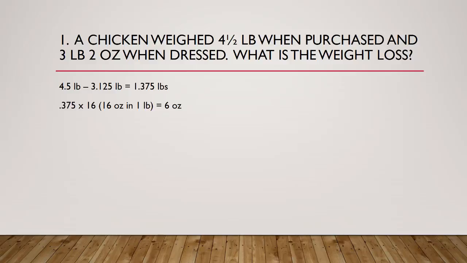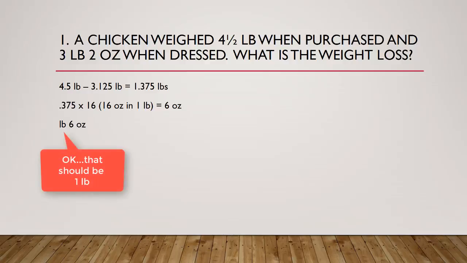If I take that 0.375 and multiply it by 16, the amount of ounces in a pound, I get 6 ounces. So my 1.375 pounds is also equal to 1 pound 6 ounces. So the weight loss in this particular case would be 1 pound 6 ounces.